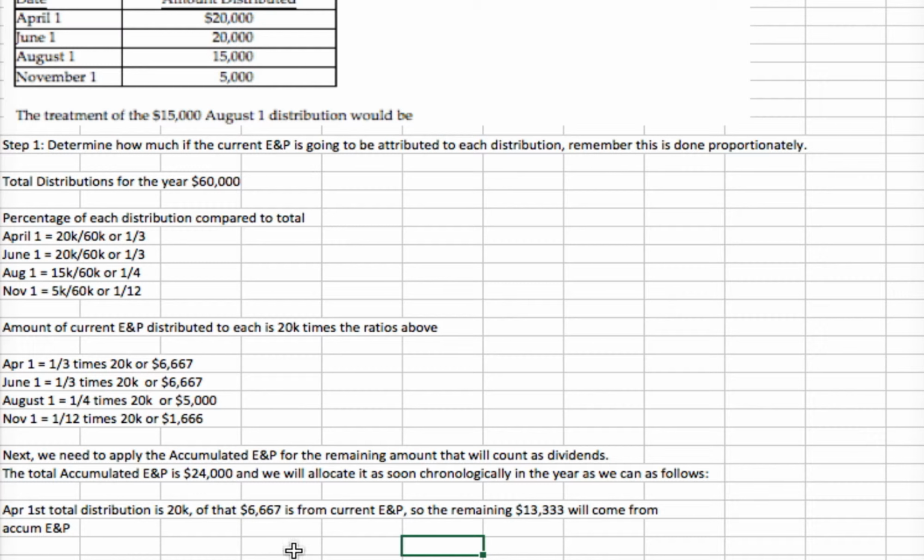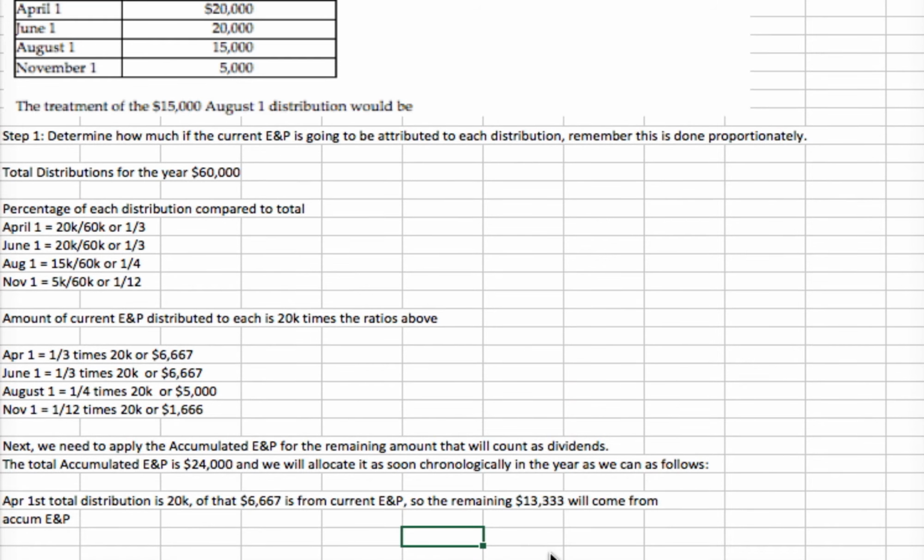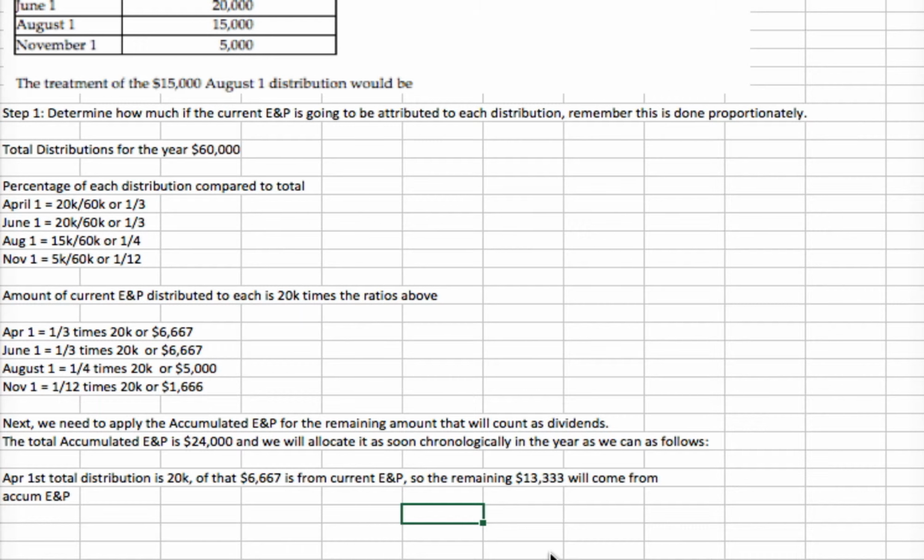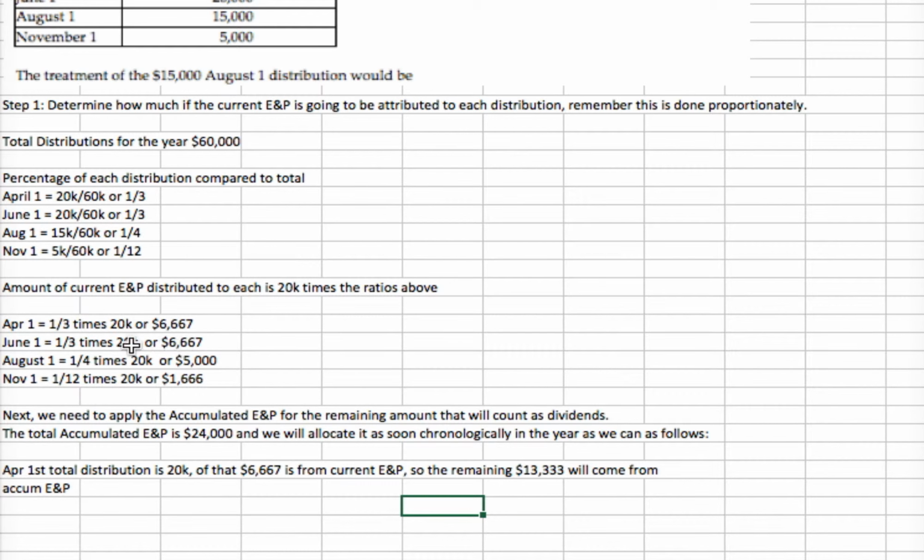Okay, so now what's left over is $24,000 minus $13,333, or $10,667. We're going to take that $10,667 and apply it to the next distribution, which is June 1st.